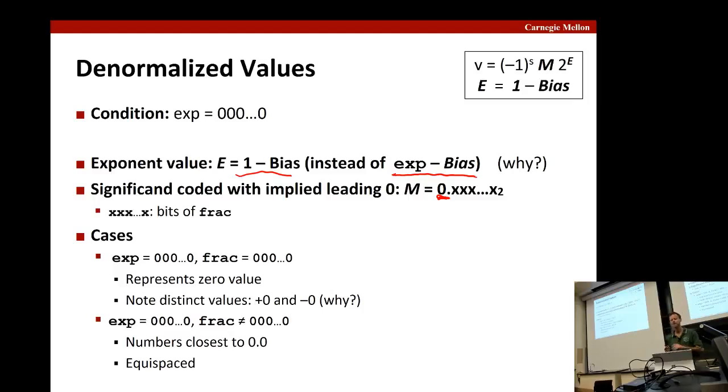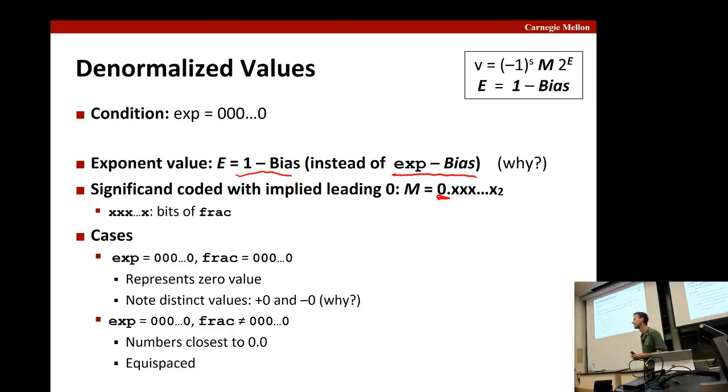So why might that make sense? Any ideas? Why does the combination of those two things make sense for where the denormalized range starts?